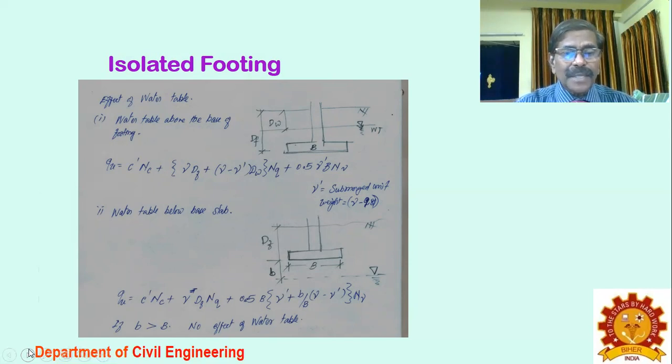If b is greater than B, there is no effect of the water table, because when it is lower than the depth of influence of the foundation, the water fluctuations do not matter, so you need not account for it.